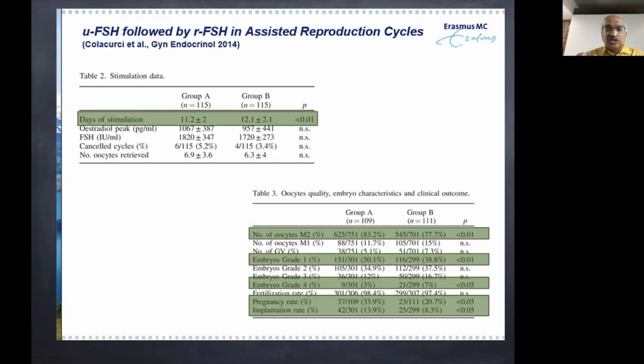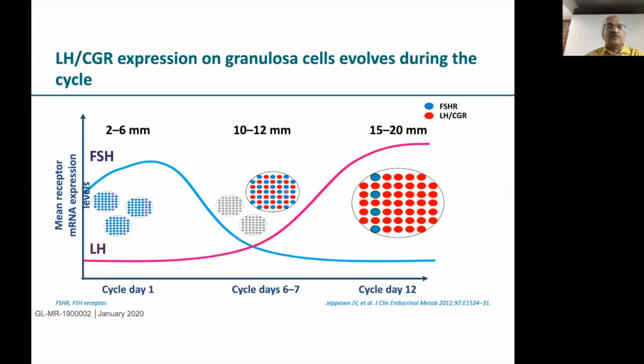So it is not advisable to use recombinant FSH in the first part followed by HMG. You can do the reverse, or use just one preparation consistently through the whole stimulation protocol.